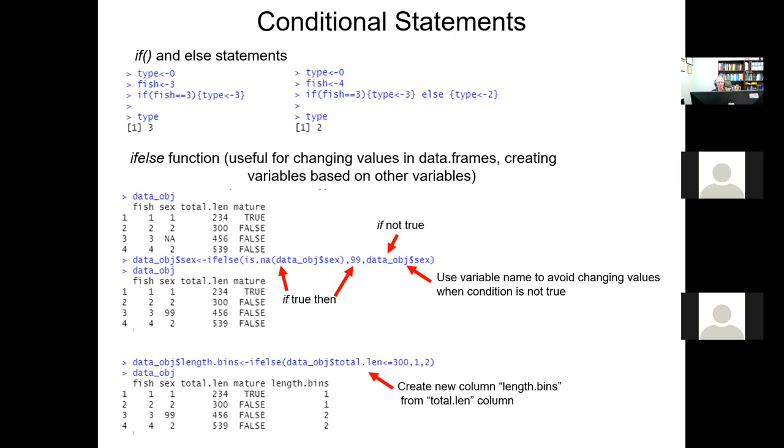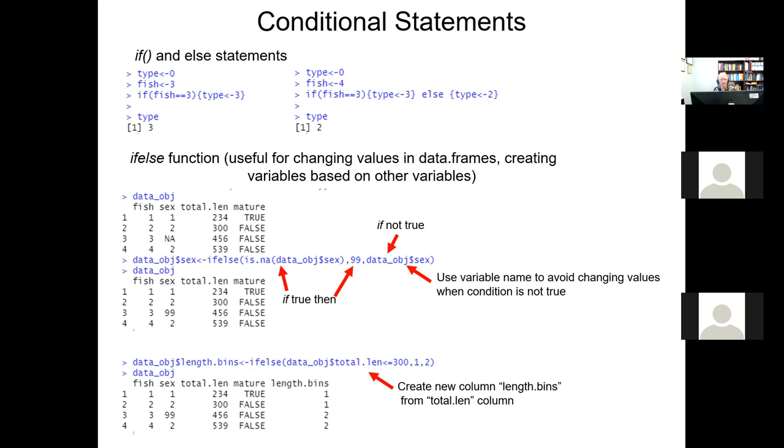And below is an example of how I created a categorical variable. Well, it's not a character, but I created length bins based on the size of the fish in the database. In this example, I'm adding a new column to the original object called length.bins.